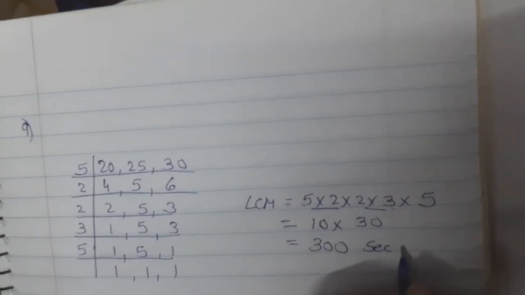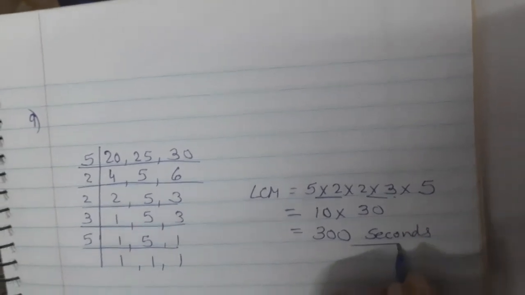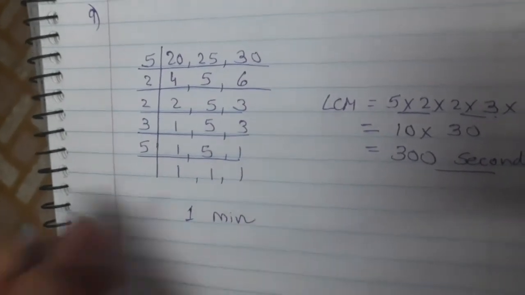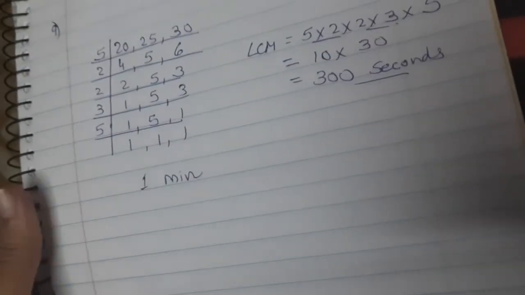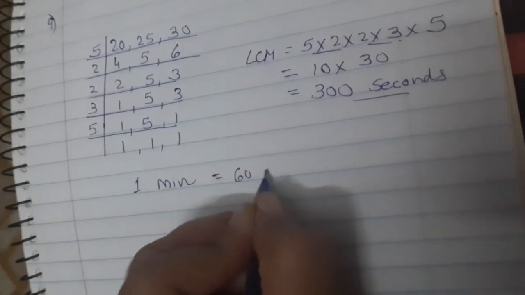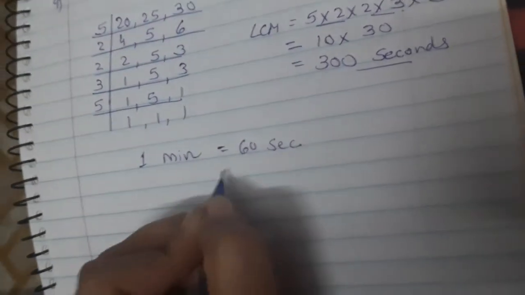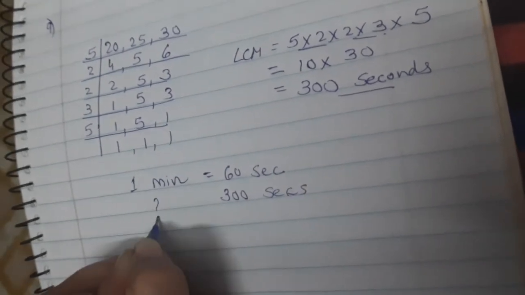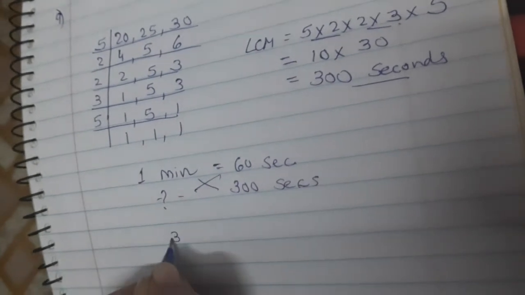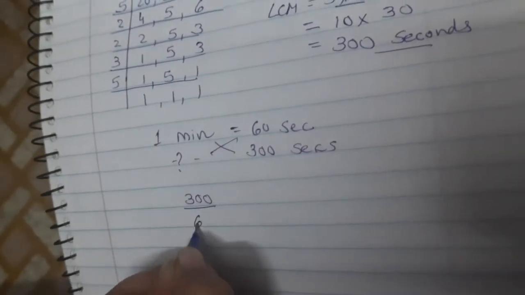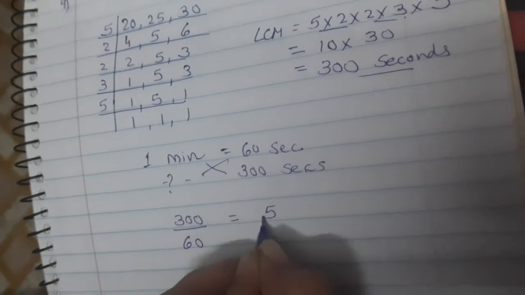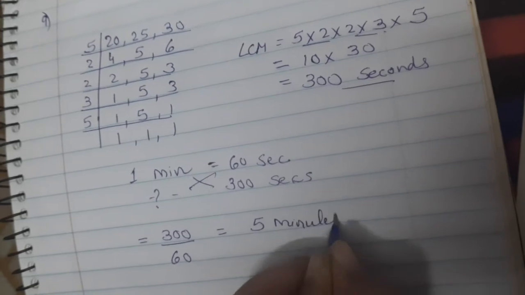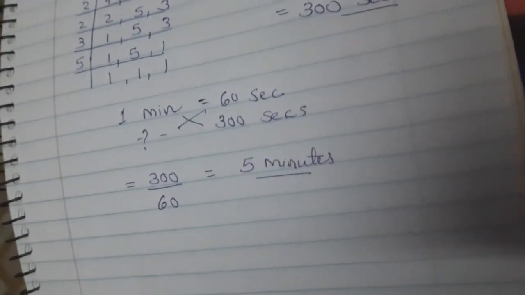So after 300 seconds, they are going to roar again, right? So we know that 1 minute is equal to 60 seconds, right? So 300 seconds is equal to how many minutes? 300 divided by 60 will give you 5 minutes. So after 5 minutes they are going to roar.